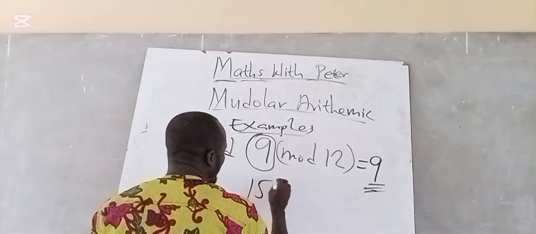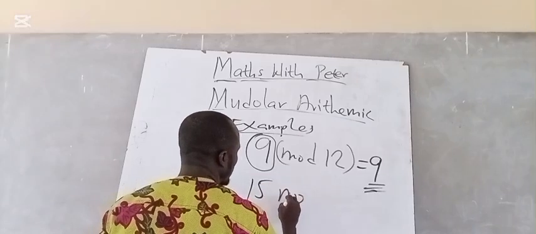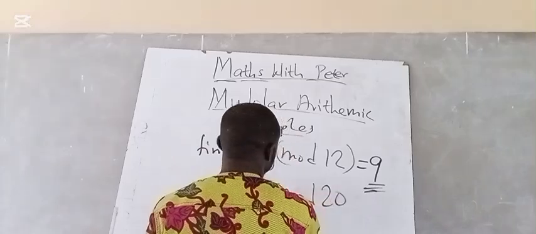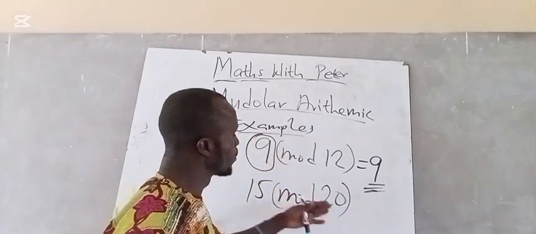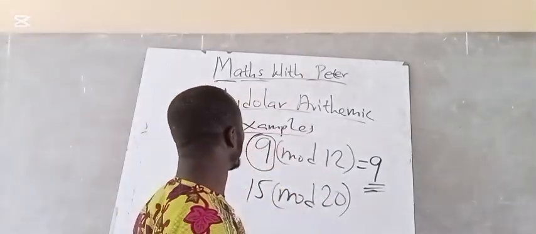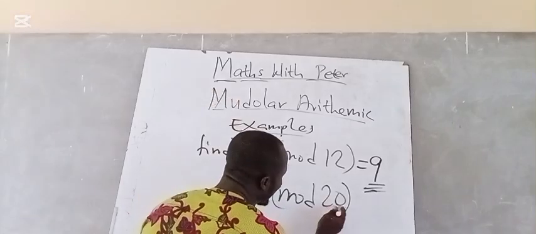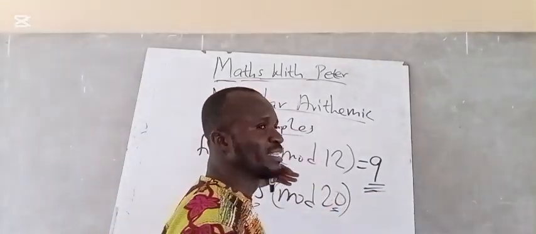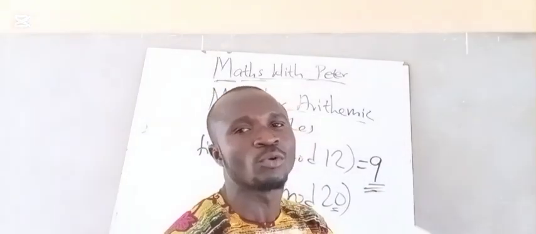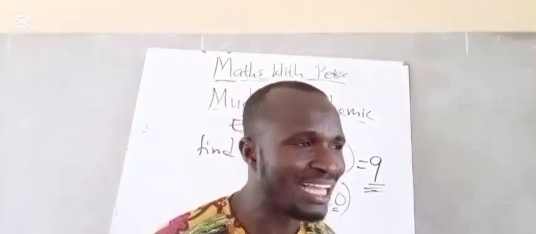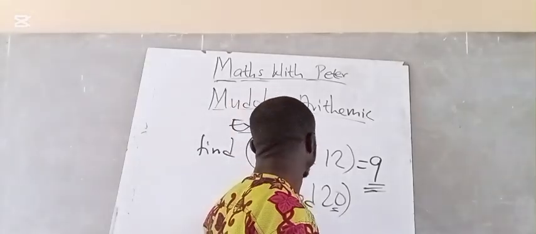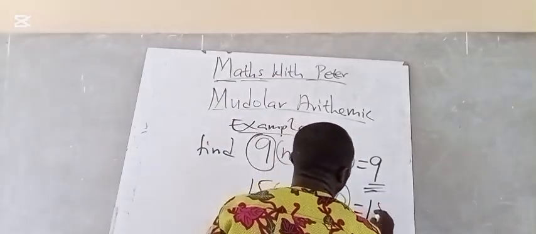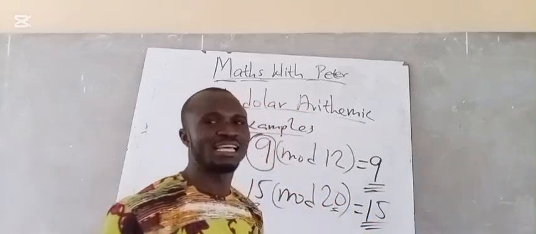So 15 mod 20 will be the same thing that we have done here. 20 is more than 15, so 20 cannot go into 15, so we repeat the 15 as our answer. That's how it is done everywhere.